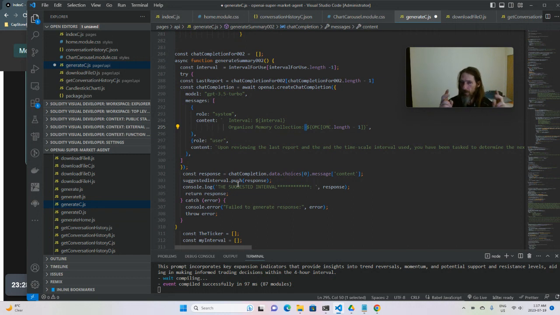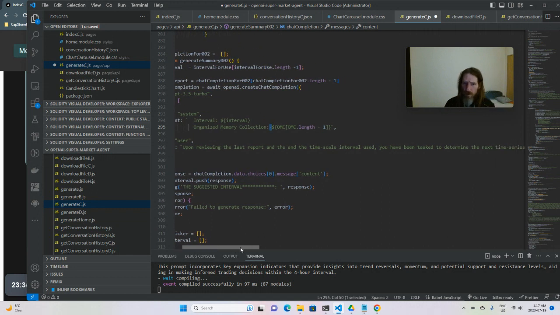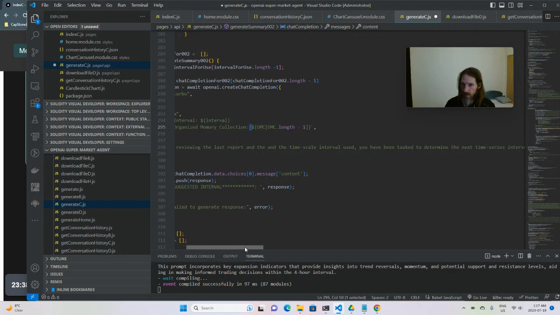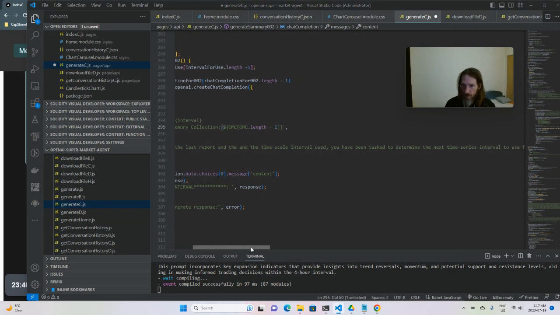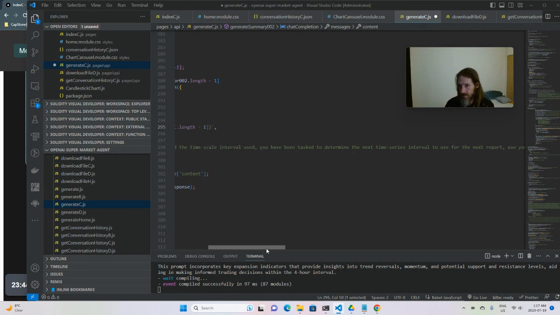So I give it these two things. And what do I ask it? Upon reviewing the last report and the timescale interval used, you have been tasked to determine the next time series interval to use for the next report.